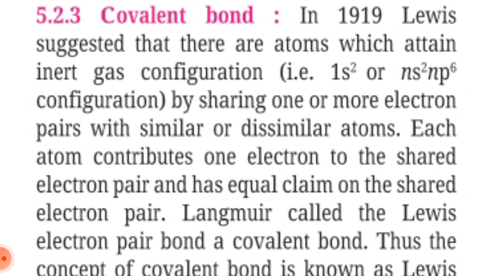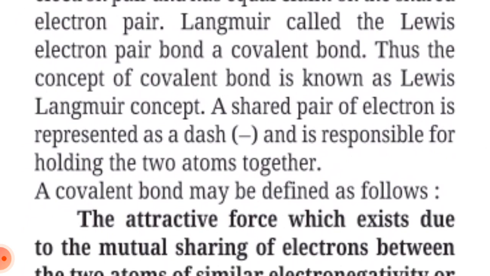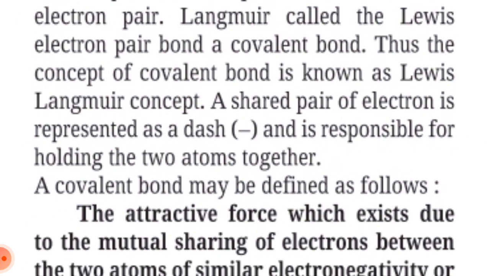Each atom contributes 1 electron to the shared electron pair and has an equal claim on the shared electron pair. Langmuir called this the Lewis electron pair bond or covalent bond. Thus, the concept of the covalent bond is known as the Lewis-Langmuir concept. A shared pair of electrons is represented as a dash and is responsible for holding the two atoms together.